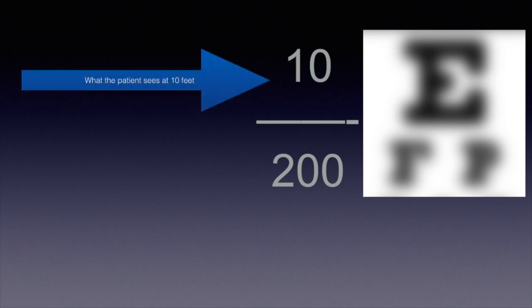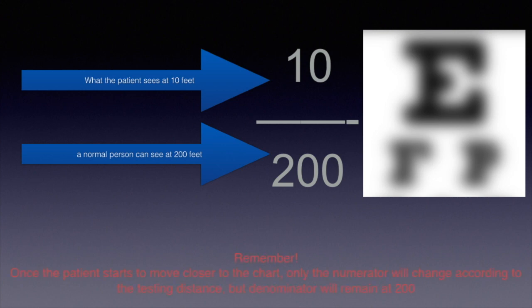For example, the patient was able to read the first line only after moving 10 feet forward. She is now standing 10 feet away from the chart. This means that the patient can only read at 10 feet what a person with normal eyesight can read at 200 feet.